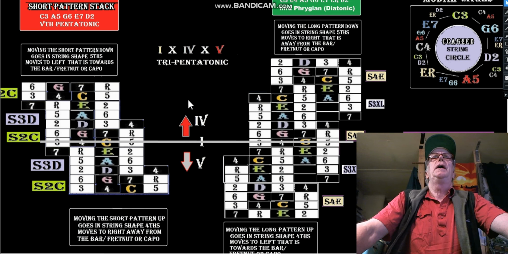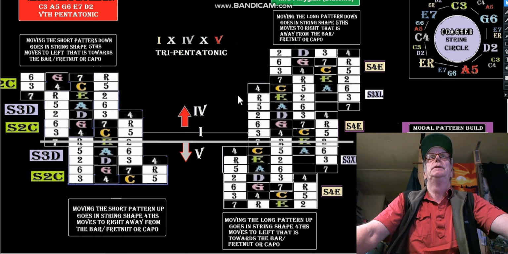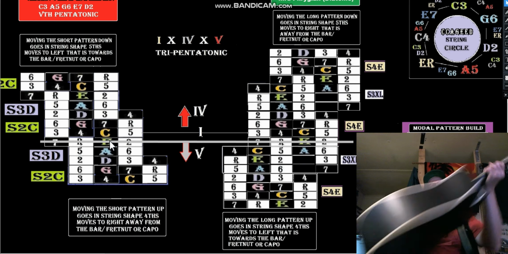So let's go ahead. We've got this, and we're going to move the pattern up, up, up. Oh, we did it. We moved the pattern up. Okay, now let's look at it. We're on C. What's the fourth of C? The E shape. The E string shape.